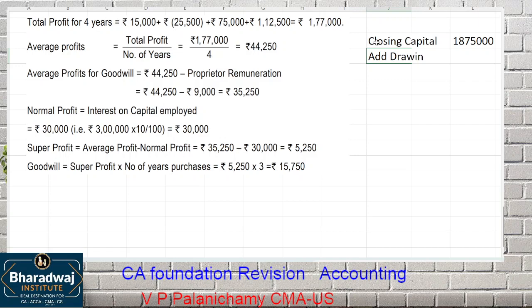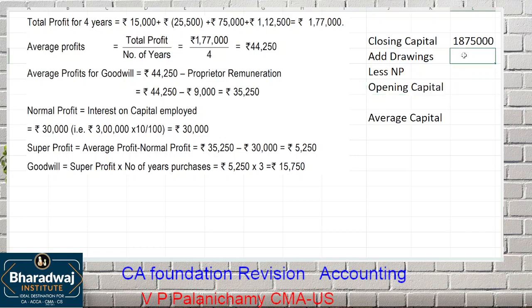Add back drawings less net profit will give us opening capital. We are doing a reverse working so that we can get the average capital employed. Average capital will be opening capital plus closing capital divided by 2.